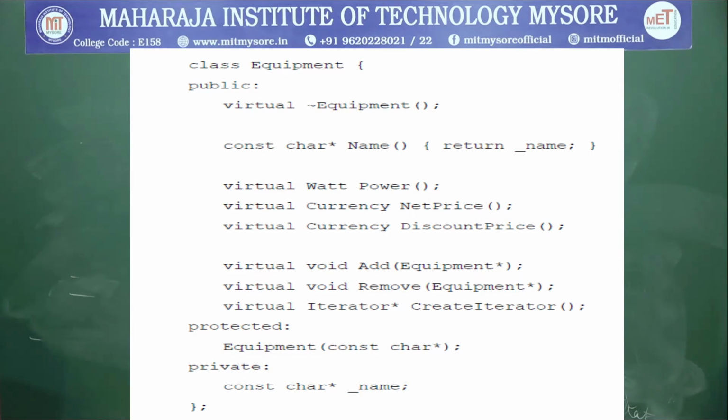Then you have watt power, which calculates the power consumed by any equipment you consider. And then currency net price, which calculates the price incurred for the equipment. And then you have discount price, which calculates the discounted rate for any equipment.